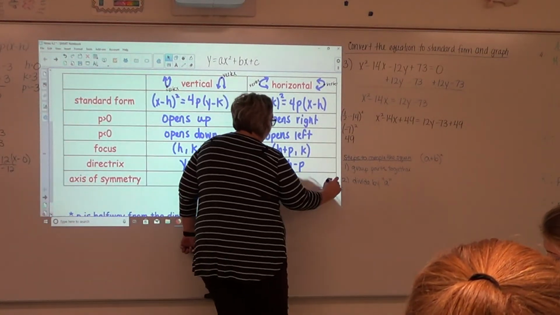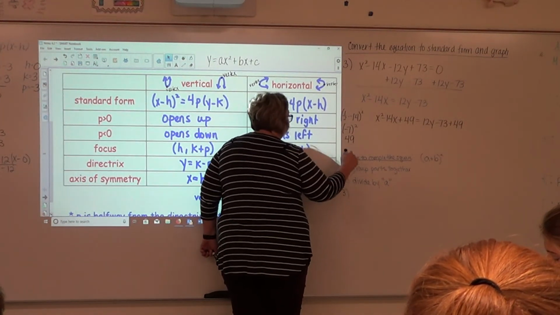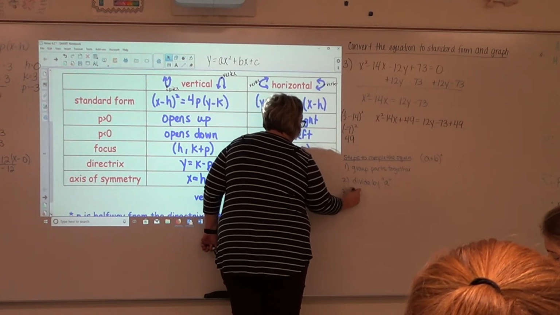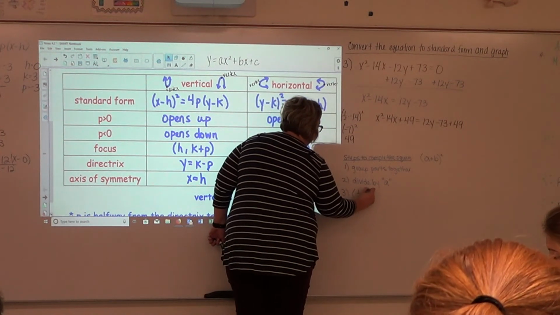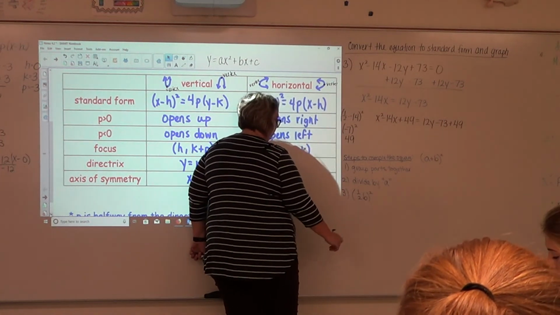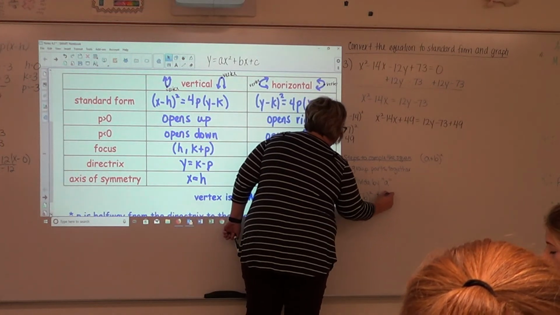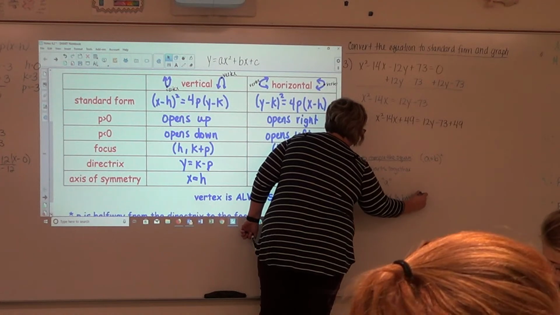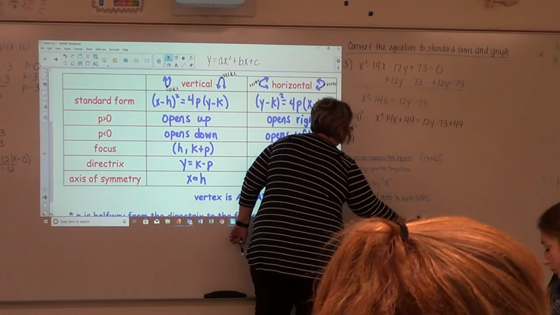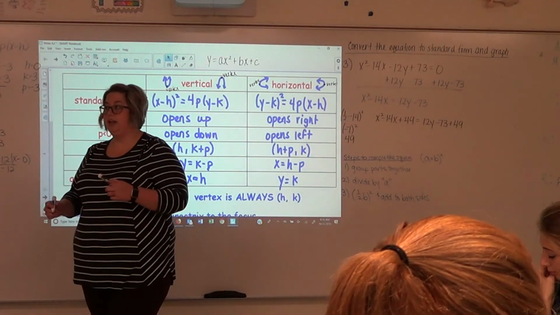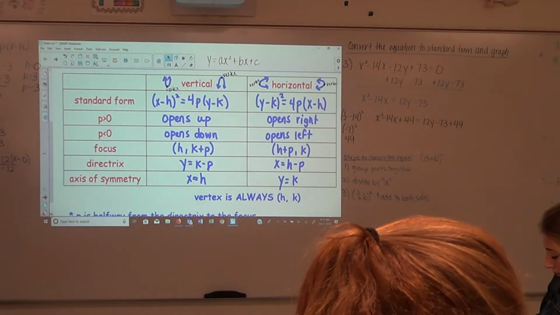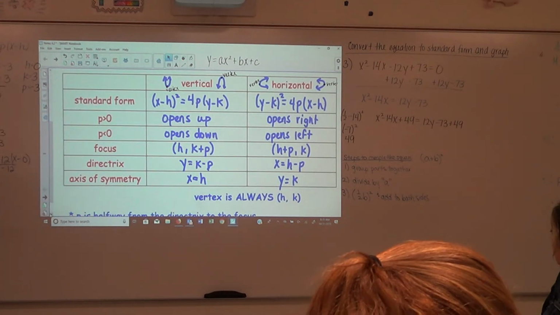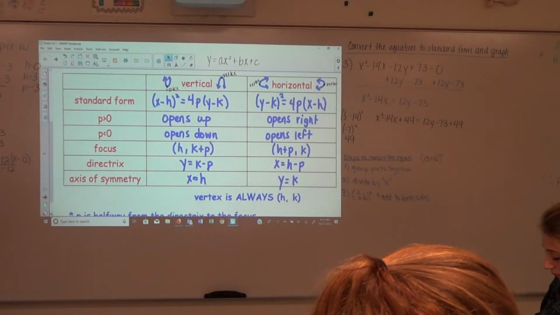Then your third step, in order to make this a perfect square, you take half of b and you square it. And you're going to add to both sides. Okay? So that is actually how you make it a perfect square. We're not done with the steps, but those are like your steps.